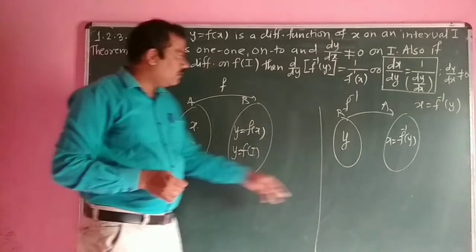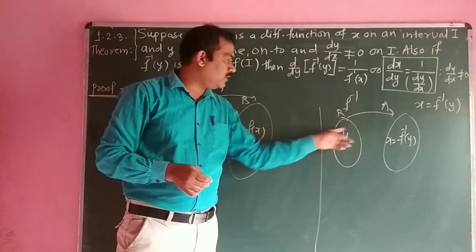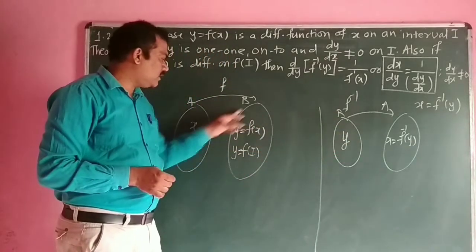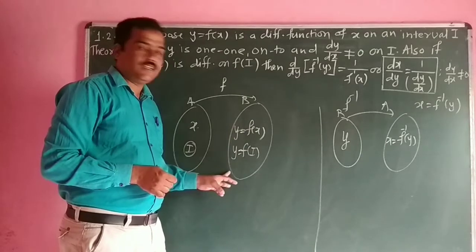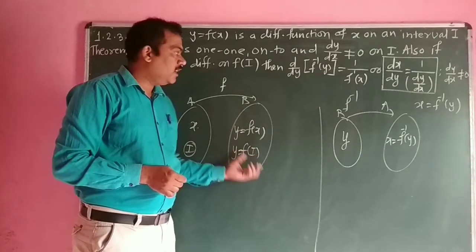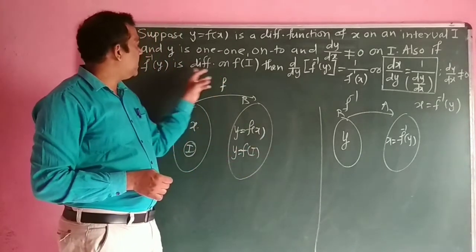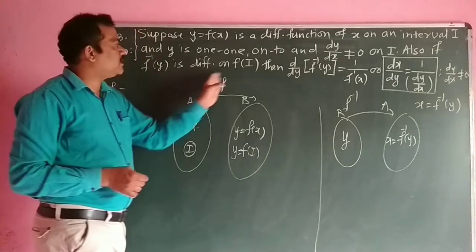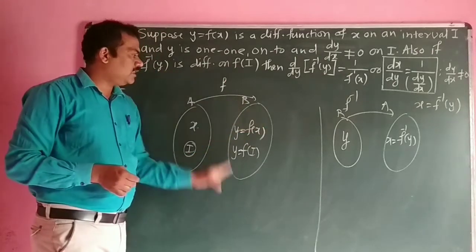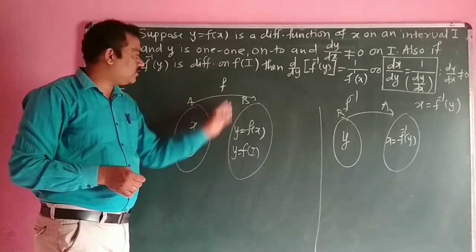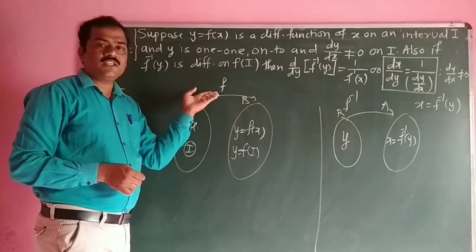It means that when we take the inverse function, whatever the value of y, it is from the set f of I. So they mention here that f inverse of y is differentiable on this f of I, meaning it is differentiable on the range of the function f.